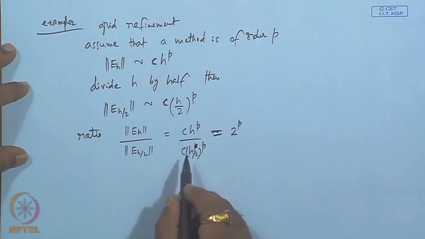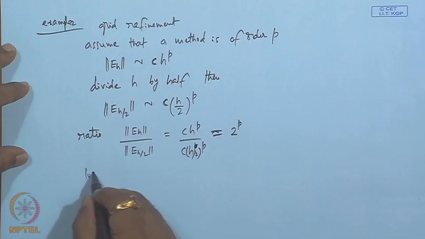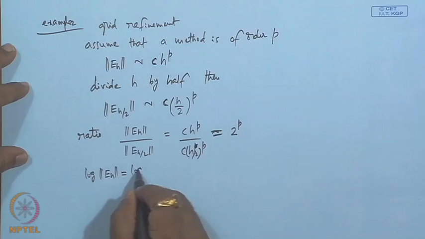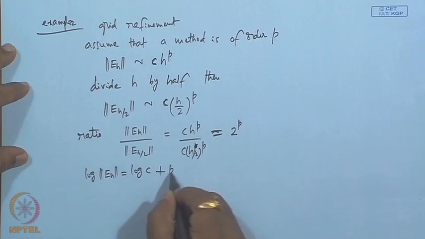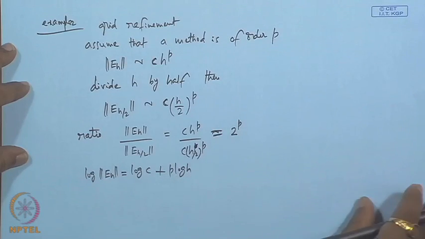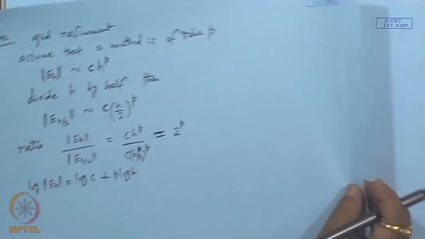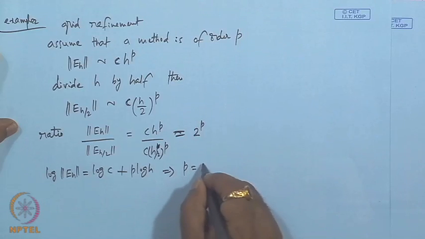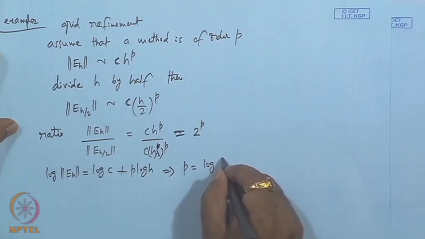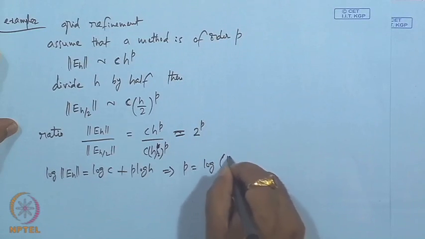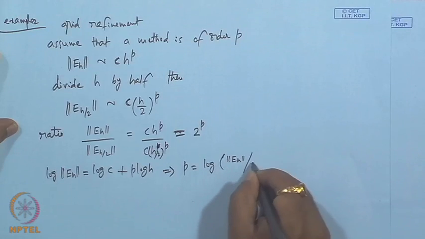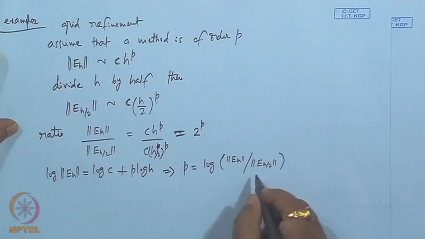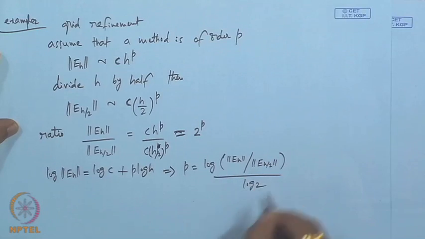Moreover, taking logs, this is log C plus p log h. Then we can solve for p in terms of the ratio.